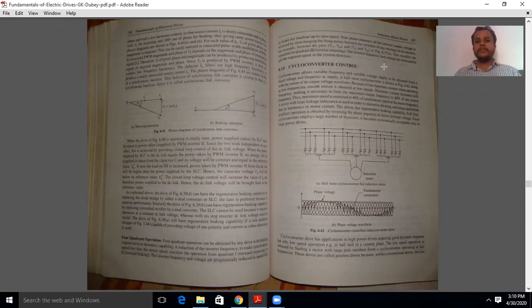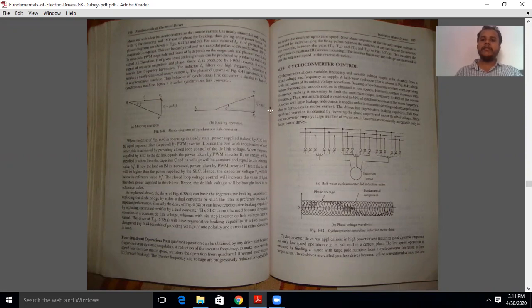So what is a cycloconverter? A cycloconverter is a converter which mainly converts the fixed AC voltage, fixed frequency into the variable frequency, variable voltage without any DC links. Without any DC links.